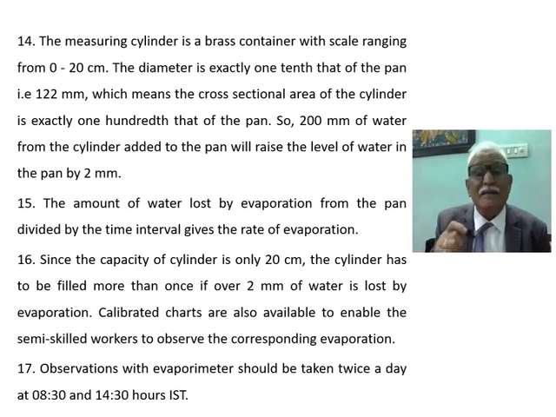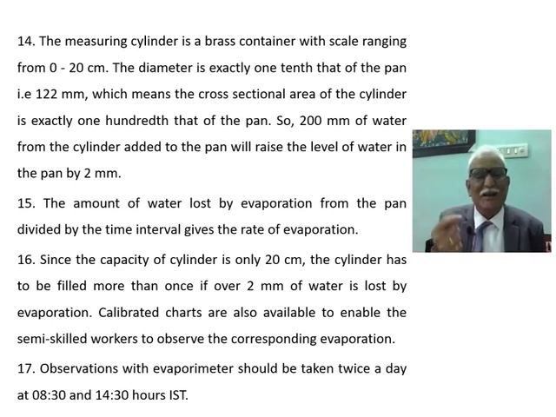The diameter is exactly 1/10 that of the pan, which means the cross-sectional area of the cylinder is exactly 1/100 that of the pan. So 200 mm of water from the cylinder added to the pan will raise the level of water in the pan by 2 mm.